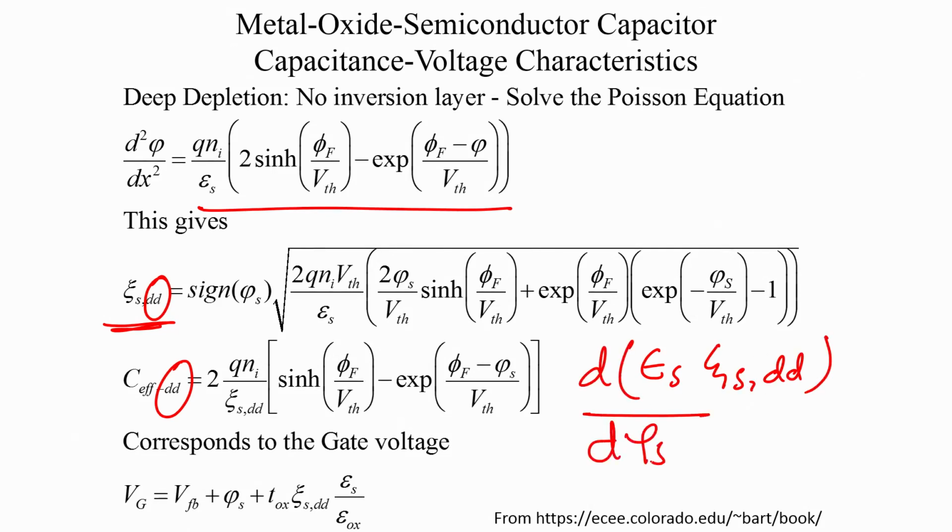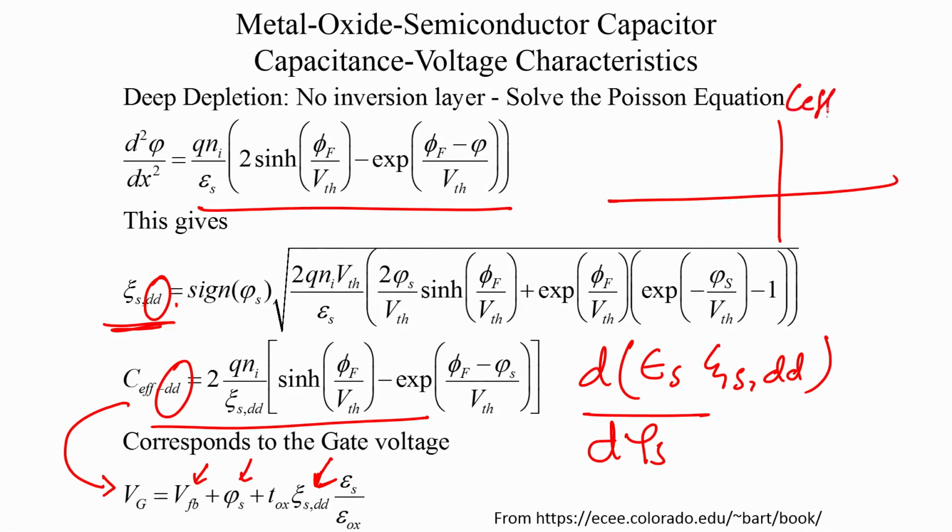That gives you a different capacitance, but this capacitance corresponds to this particular voltage: VFB plus phi s plus T ox into the electric field, where the electric field you use here is the deep depletion electric field. So, that is the difference, and if you plot this C effective deep depletion versus Vg, you will get the deep depletion characteristics of your capacitance voltage characteristics.